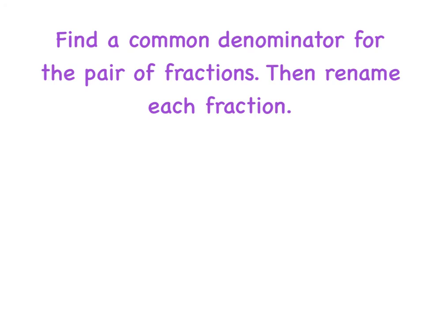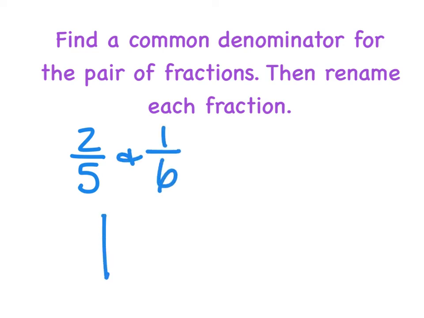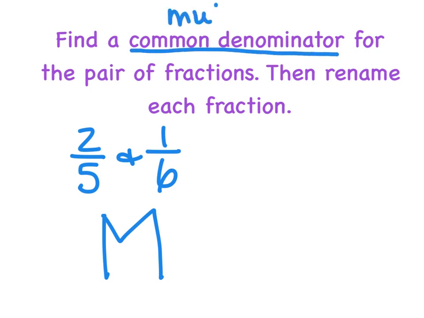Let's look at the problem 2/5 and 1/6. First, we need to find any common denominator. Remember, when you hear the word common denominator, think multiples. So we're going to go ahead and find multiples of 5 and 6, and we're going to find a common multiple.